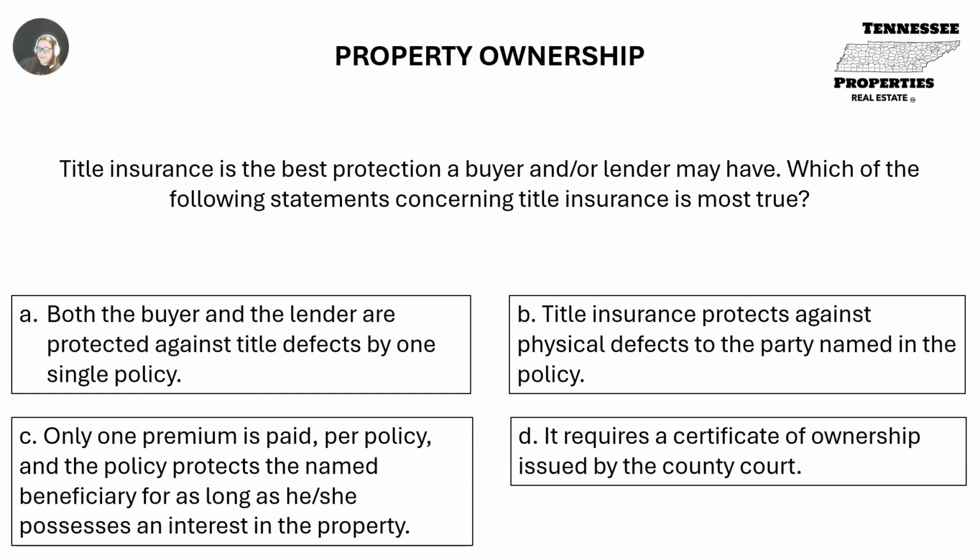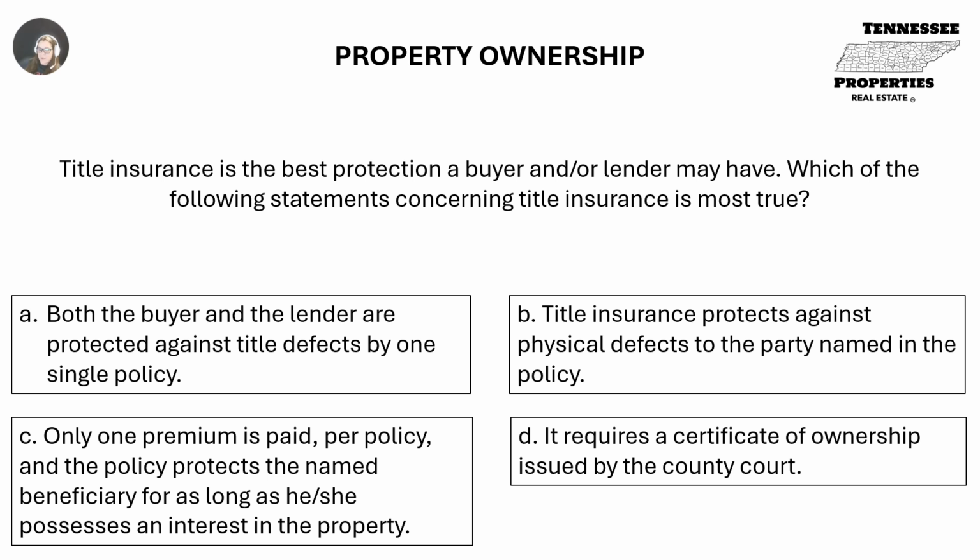Title insurance is the best protection a buyer or a lender may have. Which of the following statements concerning title insurance is most true? A, both the buyer and the lender are protected against title defects by one single policy. B, title insurance protects against physical defects to the party named in the policy.